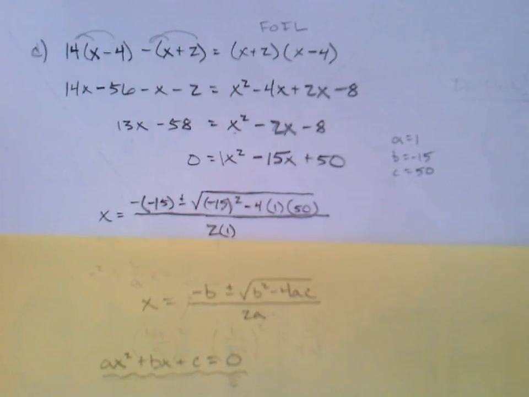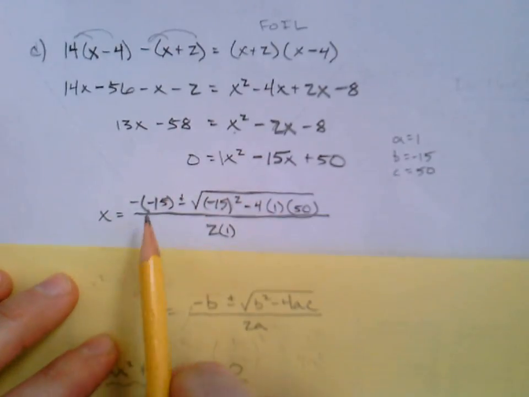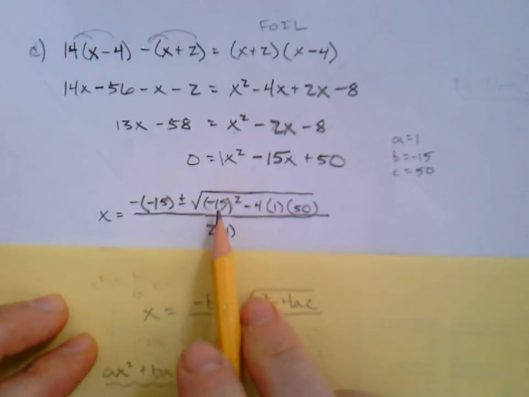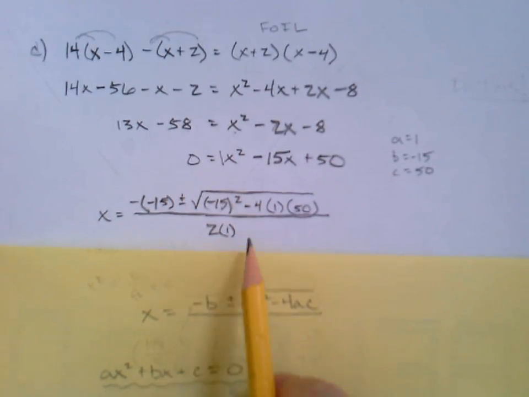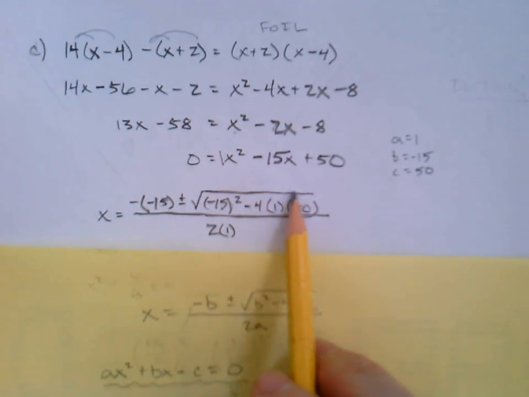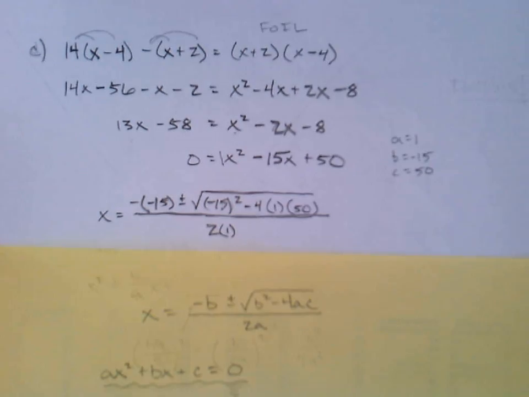So putting those all into the formula, negative negative 15, plus or minus negative 15 with parentheses squared, minus 4 times A times C, big square root over all that, divided by 2 times 1. Really the same feel as that previous example when your B is negative. All right, being really careful about those two parts.